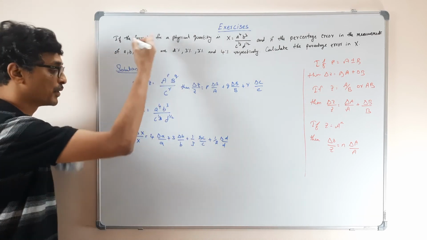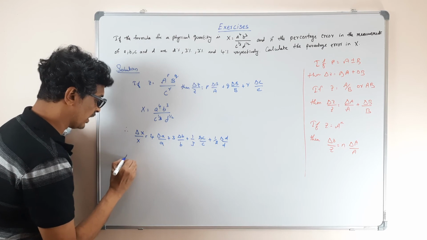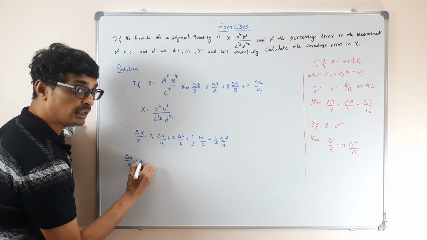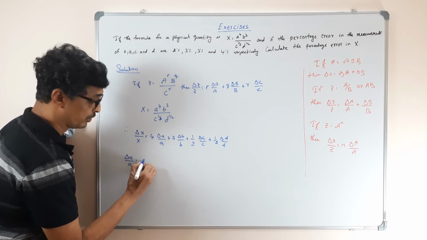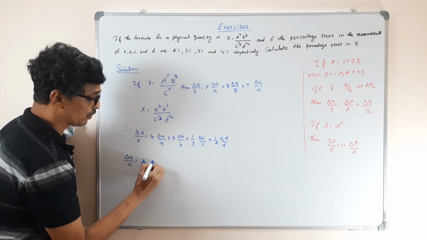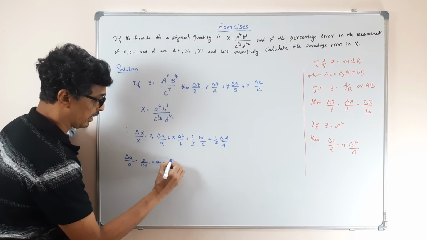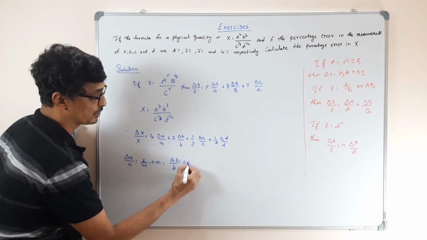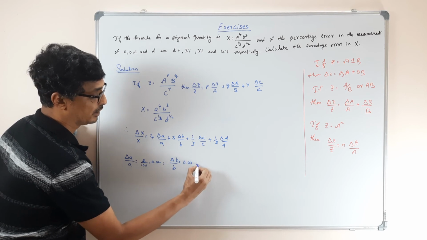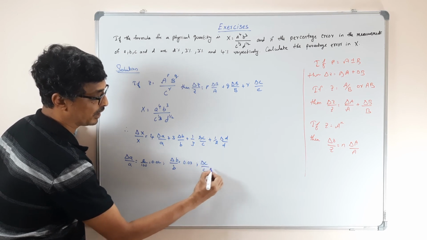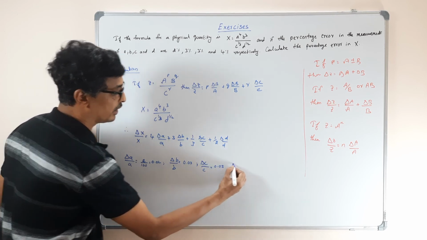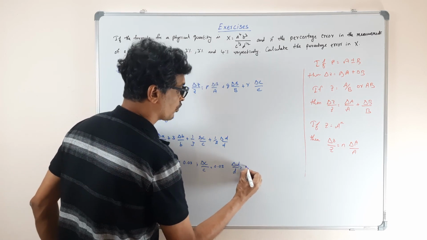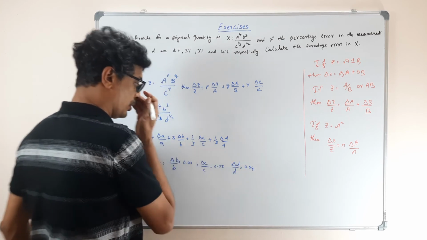They are given already as percentage errors, correct? So delta a by a is equal to how much? 2%, right? That is 2 divided by 100, so that is equal to 0.02. And delta b by b will be equal to 3%, that is 0.03. And delta c by c is also the same, 0.03, and delta d by d will be equal to 0.04.